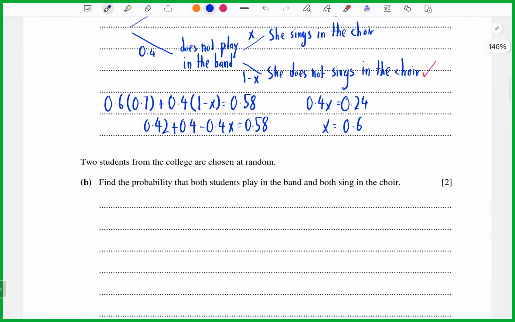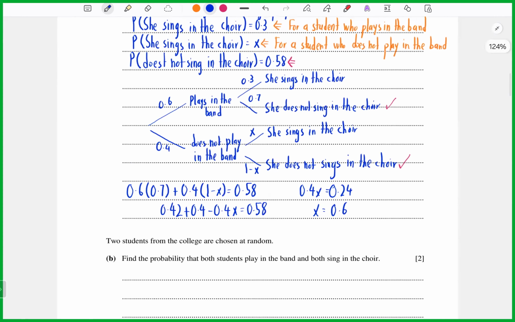Let's look at the next question, B. Two students from the college are chosen at random. Find the probability that both students play in the band and both sing in the chorus. Two students, so let's see.